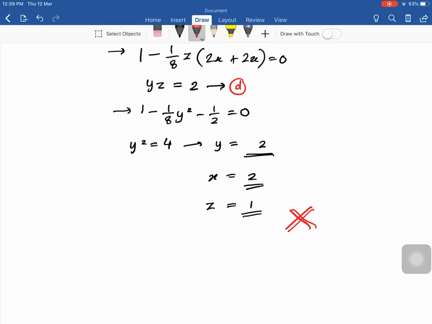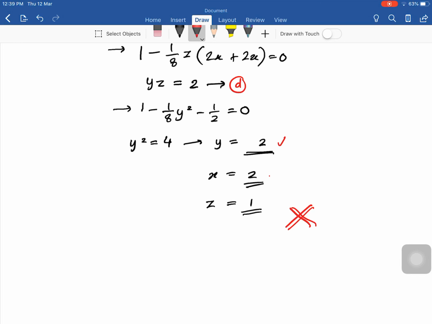That is the minimum volume of the cuboidal box. Therefore, these 3 values are the values that we can use to get the maximum volume of the cuboidal box which is constrained with the 12 meter square surface area.